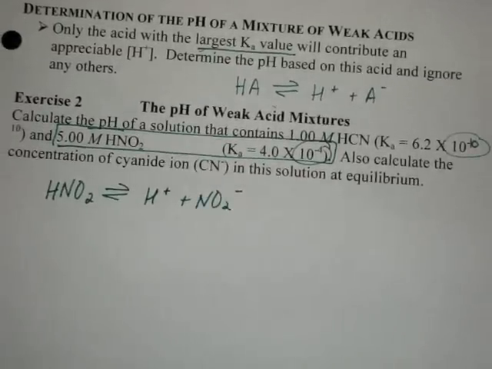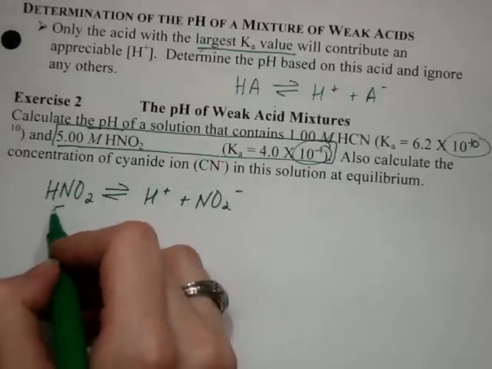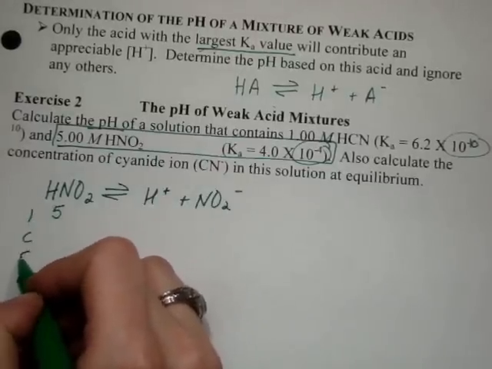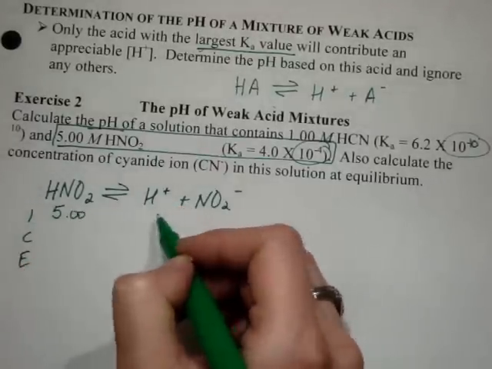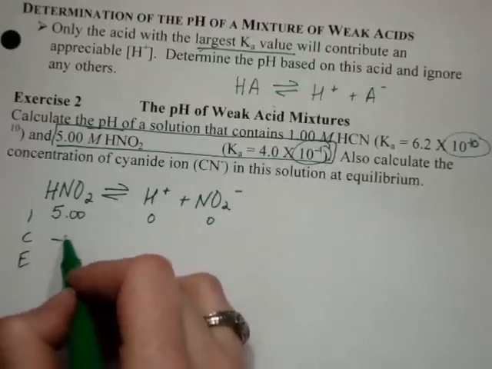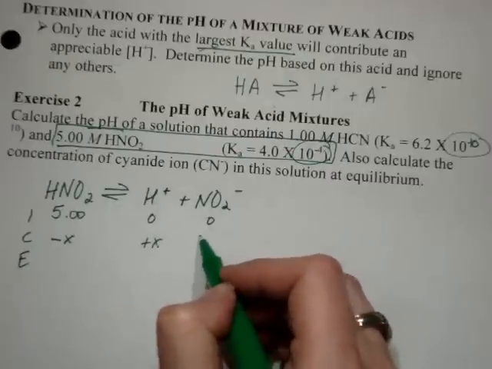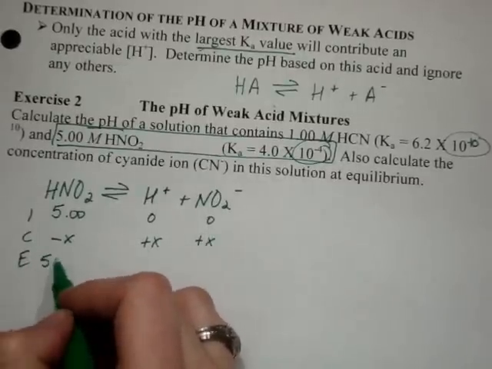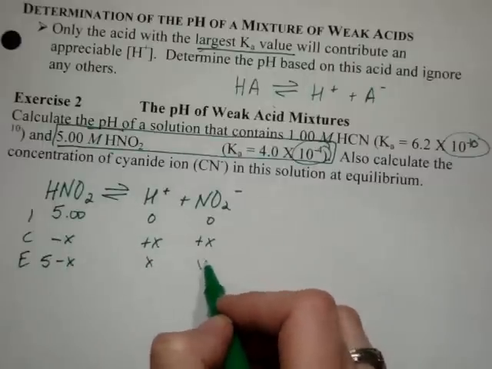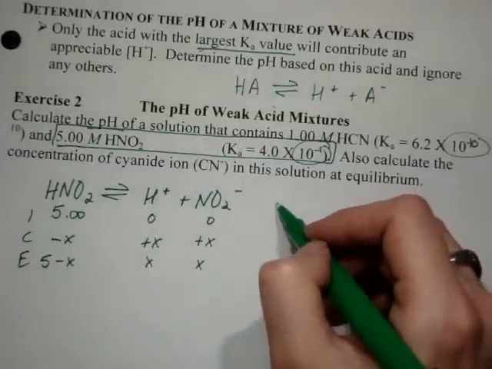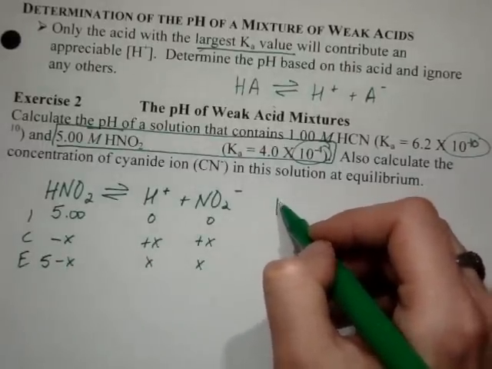At this point, I'm going to solve the beginning of this just like the previous question, using a rice table, 5.00 molar and 0. You try it, watch if you need to. Plug it into my Ka expression.